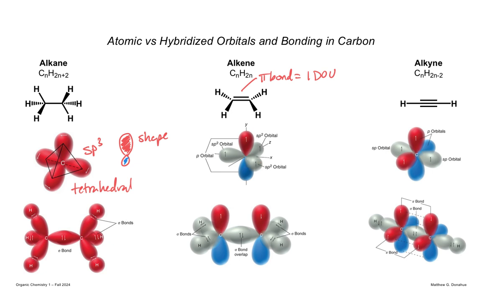And then you have these hybrid sp2 orbitals. So it turns out when you take 3 things, you stick them in a plane and you maximize their distance. The word we would use to describe this is trigonal, so that's 3 planar. So sp2 hybridized carbon is trigonal planar.